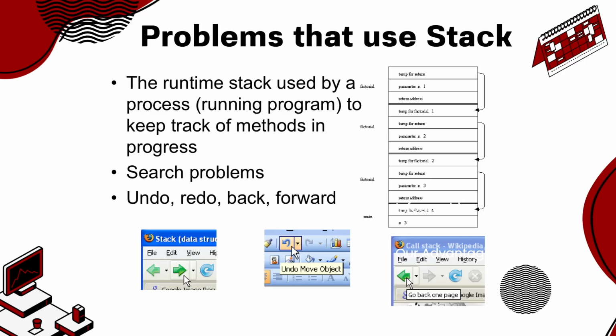So for backtracking purposes, we may have to use a stack. We may have to record all our moves in the stack. And not only that, in browsers also we will be using stacks to keep track of the pages that we are visiting, and also in all the editors, whatever operations we do on an editor will be pushed onto a stack, and that of course helps us when we do an undo operation on those editors.